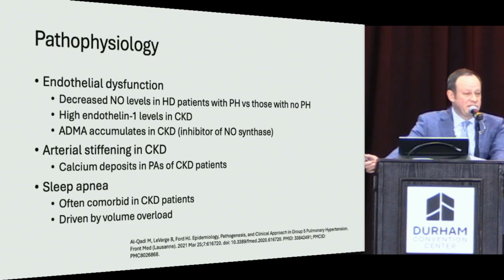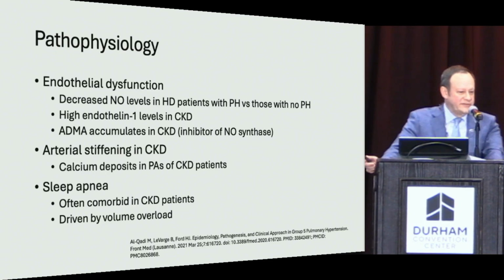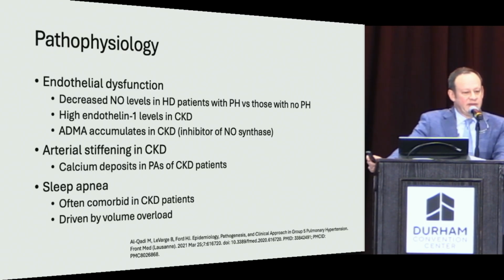It's recognized that arterial stiffening occurs in CKD, likely due in part to calcium deposition in the vasculature, including pulmonary arteries of CKD patients. And then I mentioned sleep apnea, which is a significant comorbidity in a number of these patients, which is often driven by volume overload and also contributes to volume overload when left untreated.